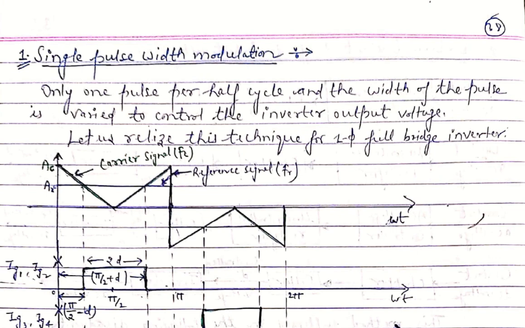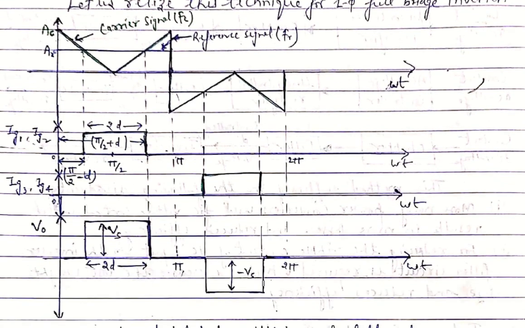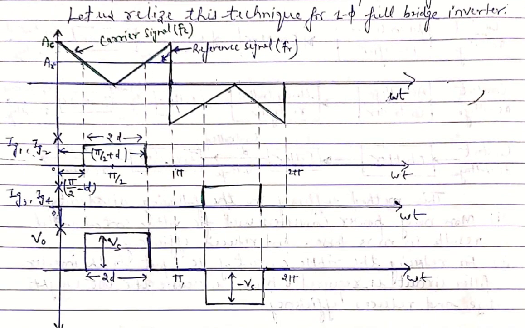So first of all, this is the carrier wave, which is triangular in shape, and the second one is the reference signal, which is rectangular in shape, having a time period of 2 pi.